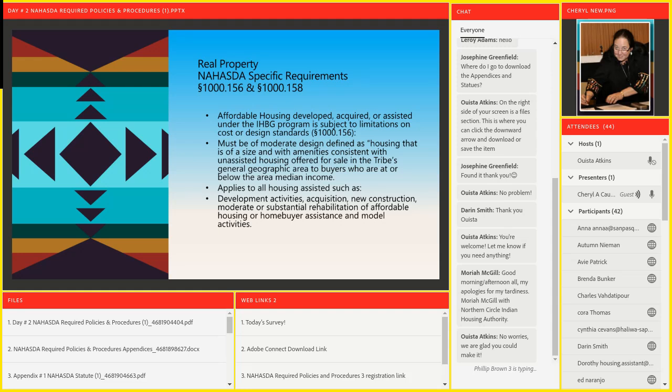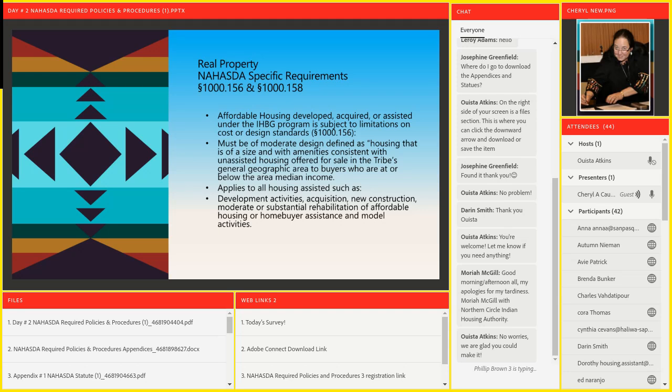Affordable housing developed, acquired, or assisted under the IHBG program is subject to limitations on cost and design standards, okay? Those are found at 1000.156 and 158. You have to build of moderate design, defined as housing with such a size and amenities consistent with unassisted housing offered for sale within your tribe's general geographic area to buyers who are at or below the area median income.